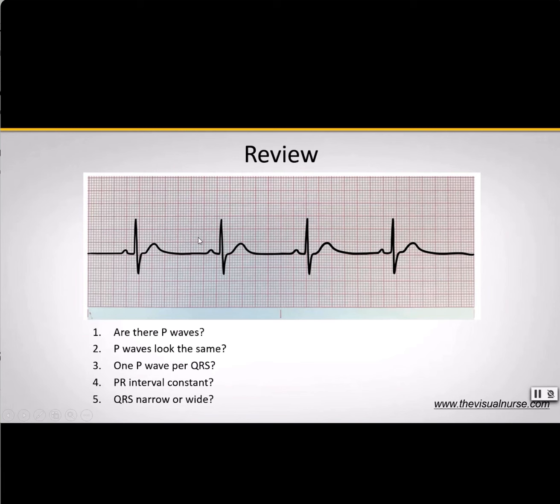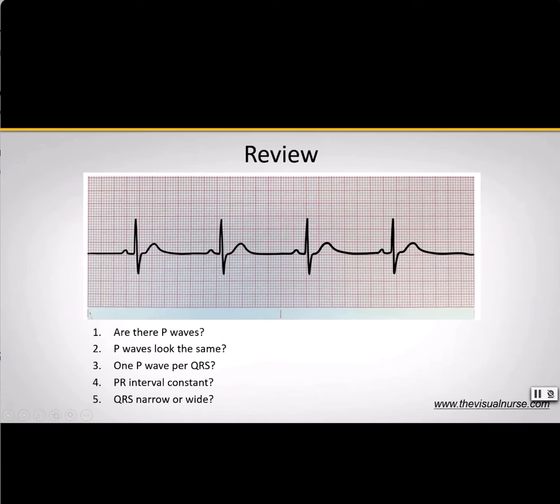All of my P waves appear to be marching out on time every time, so we have a regular atrial rhythm. Is the ventricular rhythm regular or irregular? All of our QRS complexes are marching out on time every time with the same distance between them, so we have a regular ventricular rhythm.